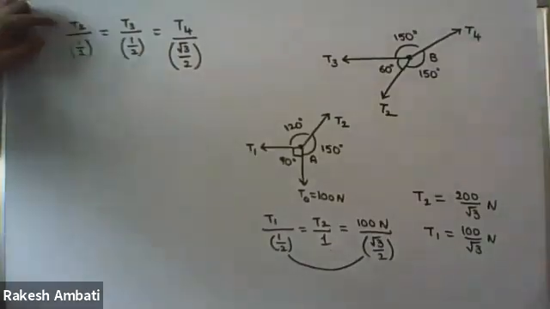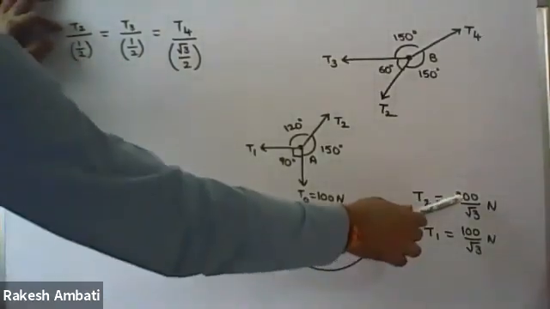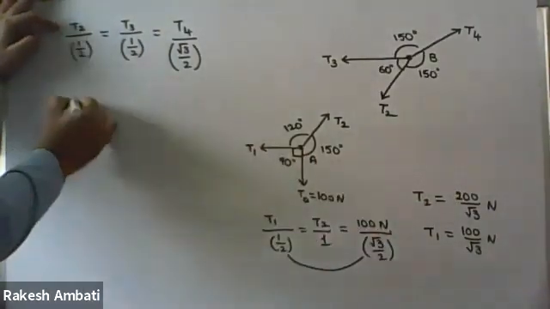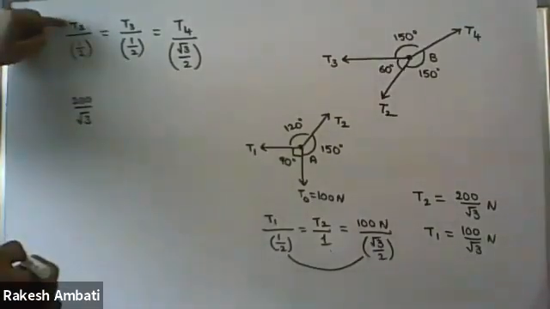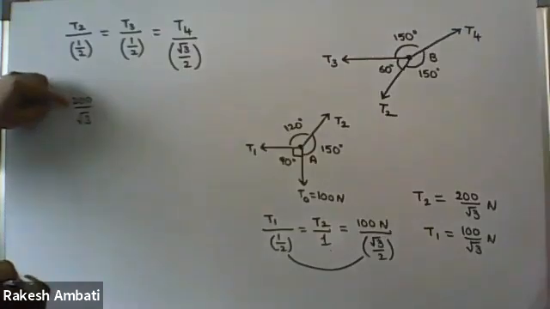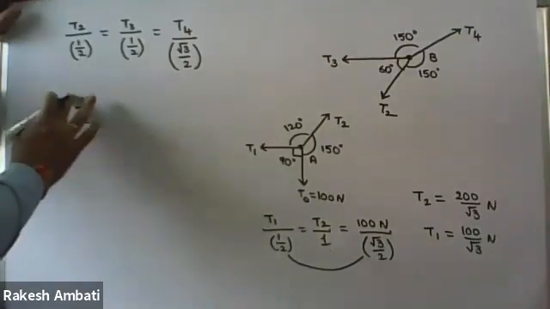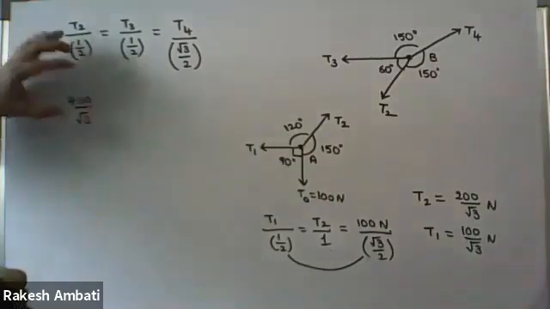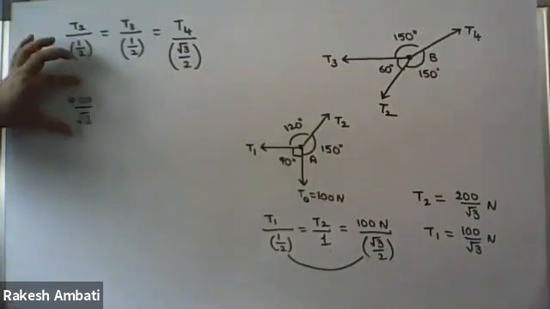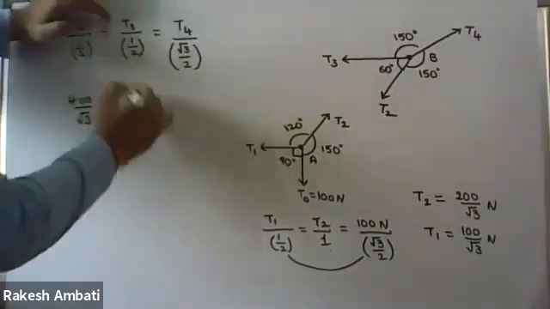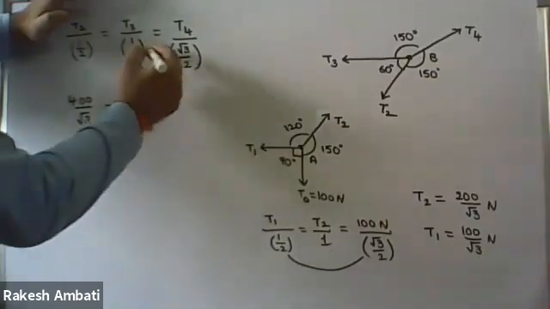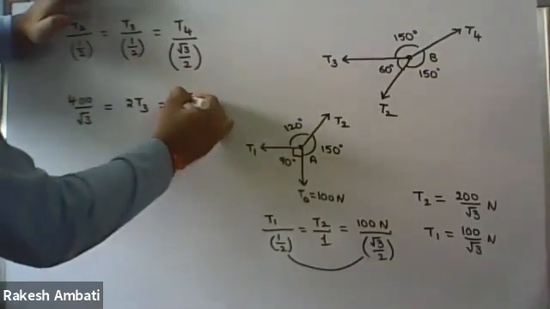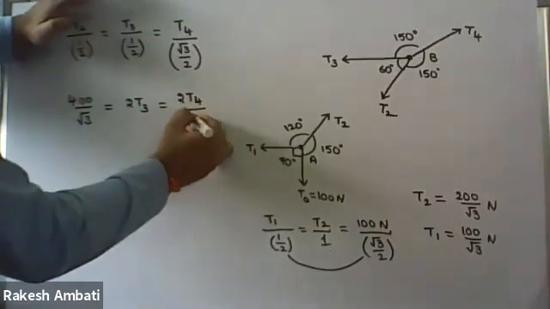So what is the T2 value we already have? In the place of T2, 200 by root 3, and the 2 goes to the numerator. So the total value becomes 400 upon root 3. Then it is nothing but 2 T3, and this is nothing but 2 T4 upon root 3.